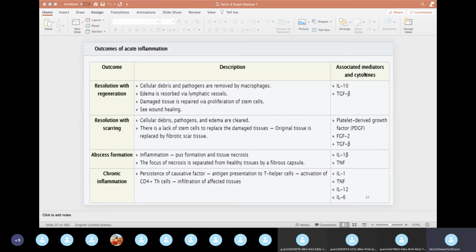Let's summarize. Acute inflammation, transient, early response to injury. In tissue, I can see neutrophils. Neutrophils with what? Edema. It has a rapid onset and short duration. Why? Because only the innate immune system is involved. Okay? So mediators, don't forget, toll-like receptors.